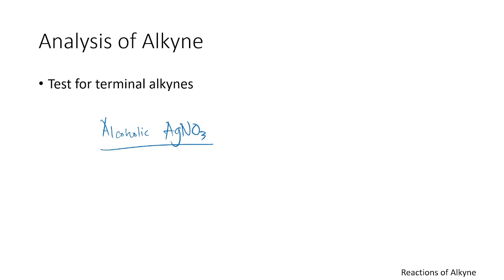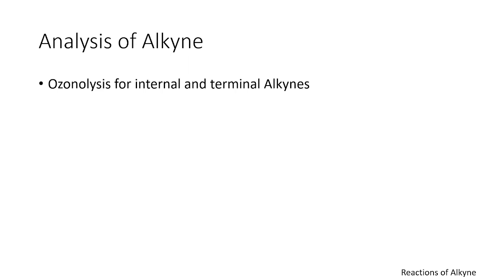Okay, and the last test will be ozonolysis for internal and terminal alkynes. For checking whether your alkyne is internal or terminal, you can use ozonolysis. So why is that?